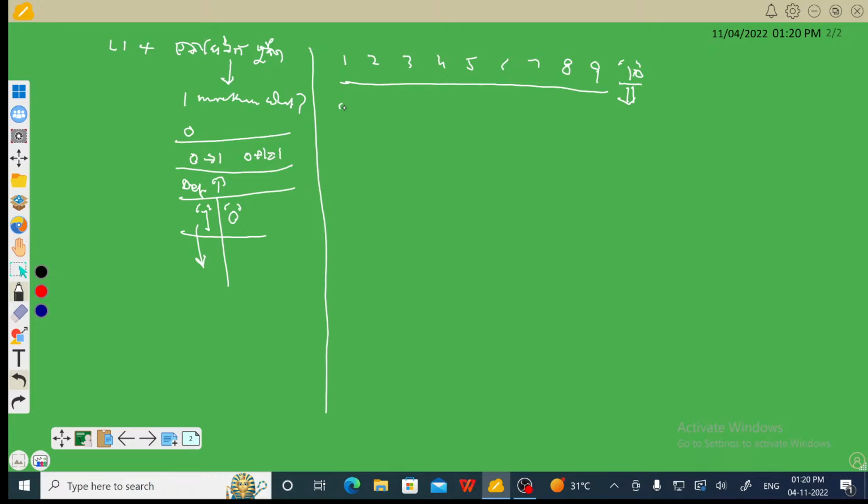So all these become double digit numbers. And ahead we will write 11, 12, 13, 14, and so on. Here we will reach 20, and then we'll reach 21, 22, 23, and so on.